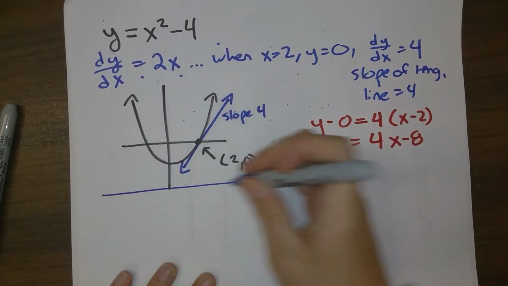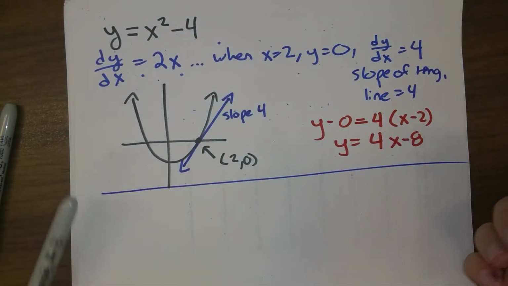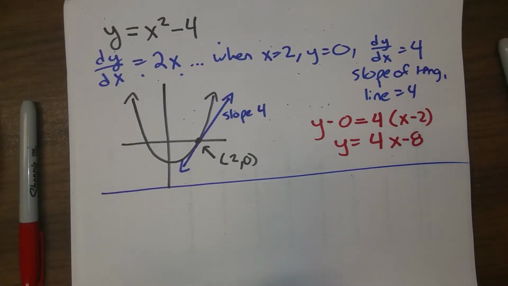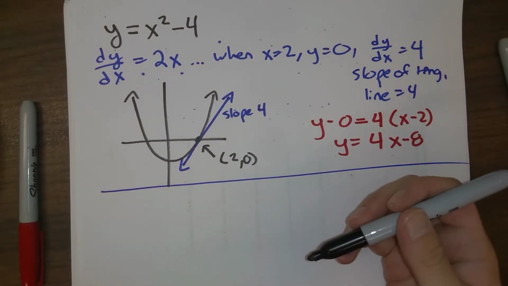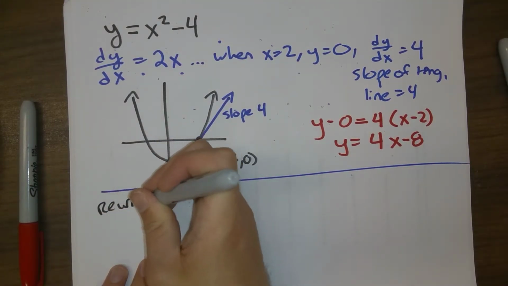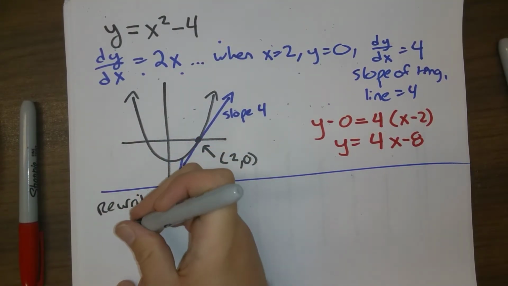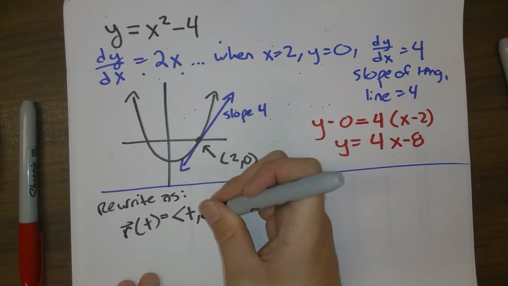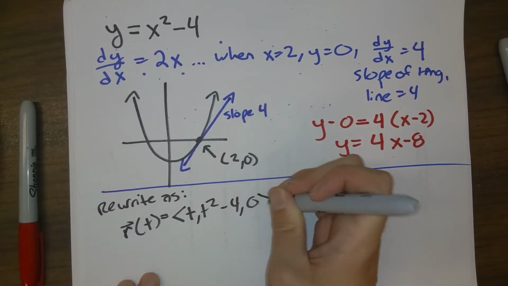Anything that's in x and y, we could think of this as being in 3 dimensions, where the z component is just going to be 0. So we could think about rewriting this as r of t is t squared minus 4, 0.